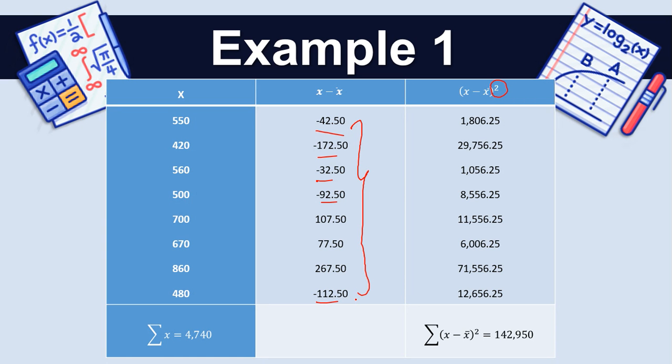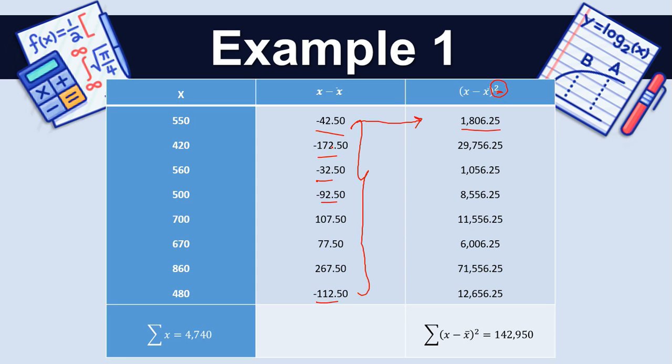Pero once po nakukuha natin yung squared, kailangan po wala na po tayong makikitang negative. Bakit, sir? Once we square, or once we multiply negative to negative, ang answer na po doon is positive. For example, we have here negative 42.50. Kuhain natin yung squared. We have 1,806.25.